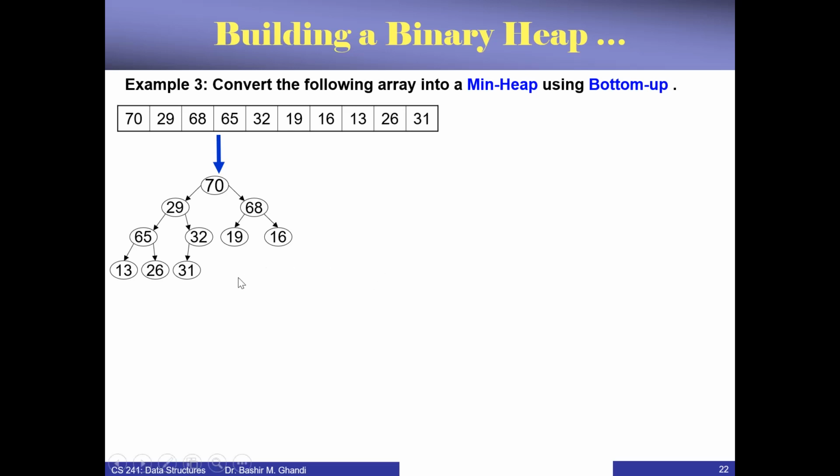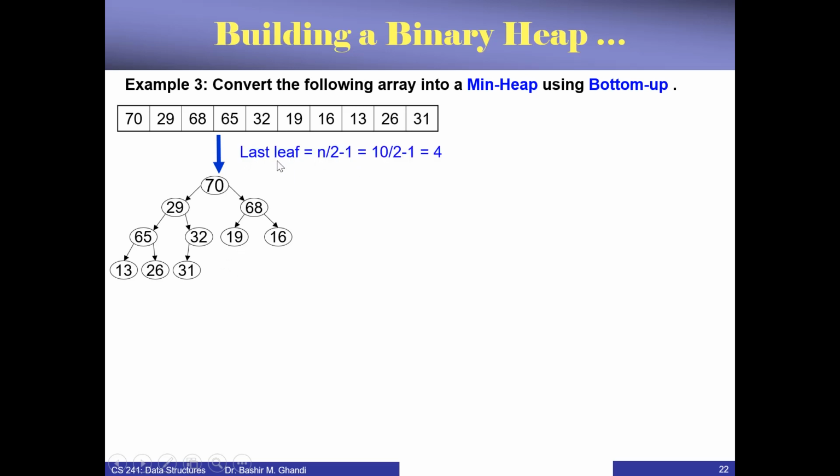Next, we identify the index of the last parent. As you can see here, the last parent is 32 because the next element is a leaf, not a parent. So the index of the last non-leaf is 0, 1, 2, 3, 4. The index of 32 is 4. So we're going to vary our i from 4 until 0.